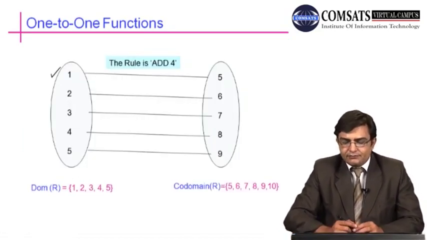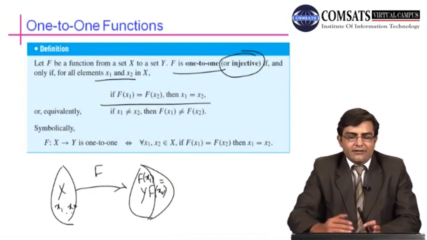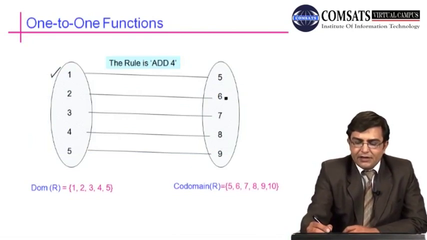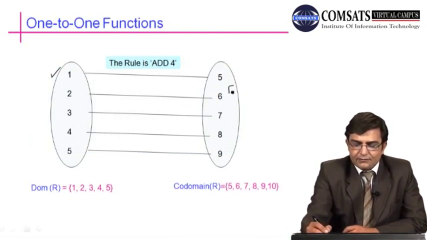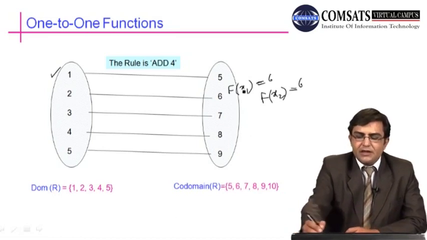For example, if f of x1 and f of x2 are equal, what does it mean? Say f of x1 is 6 and f of x2 is also 6. They are equal.